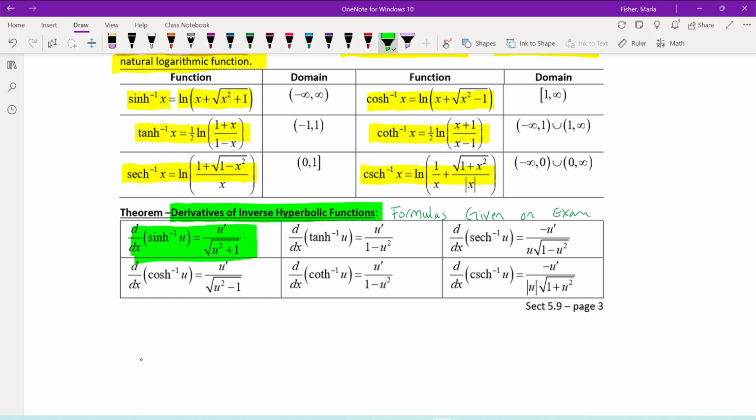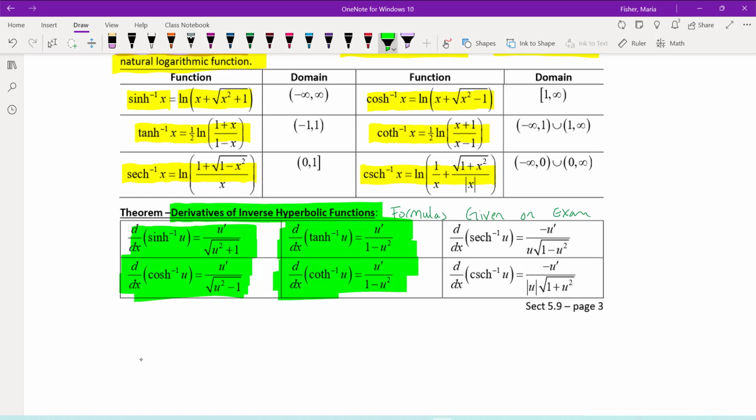The derivative of the inverse hyperbolic cosine of u is u prime over the square root of u squared minus 1. The derivative of the inverse hyperbolic tangent of u is u prime over 1 minus u squared.